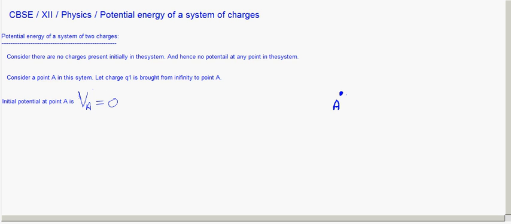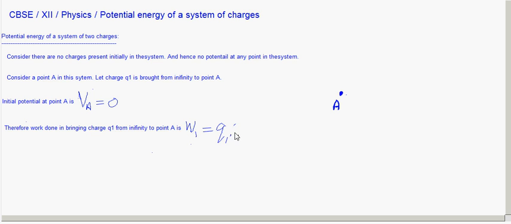therefore, work done in bringing charge q1 from infinity to point A is W1 equal to q1 into V_A.